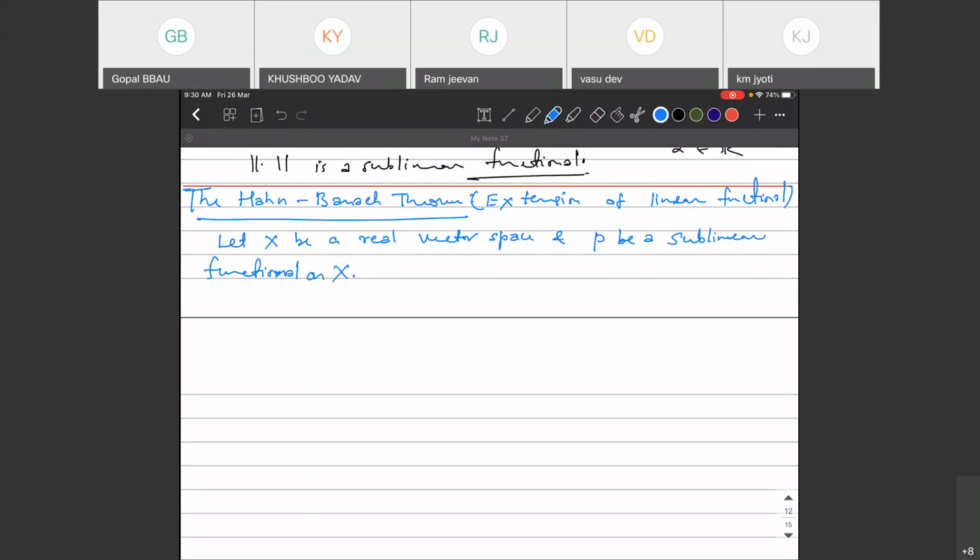Okay, so now we take a linear functional on a subspace of X. Let f be a linear functional on a subspace Z of X. It satisfies this property.